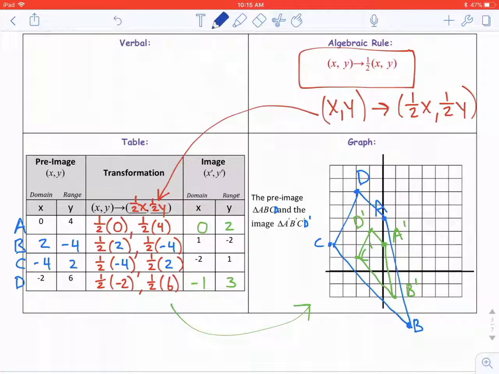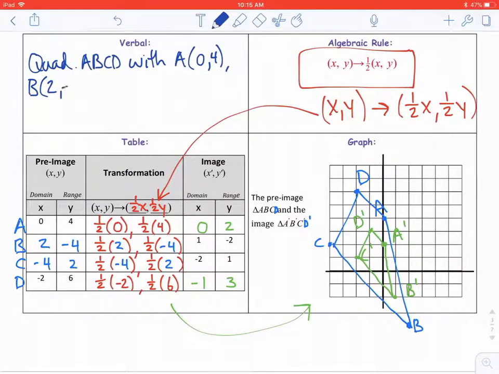So let's call this quadrilateral A, B, C, D with, and we need to list out our points, with A at 0, 4, B at 2, negative 4, C at negative 4, 2, and D at negative 2, 6.